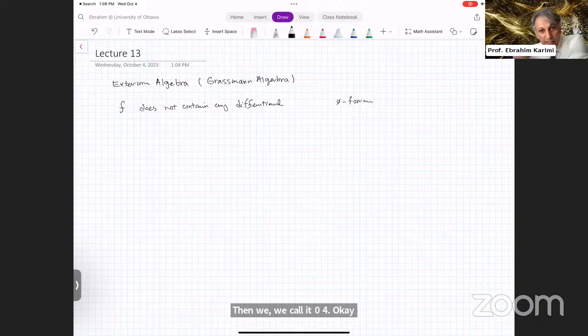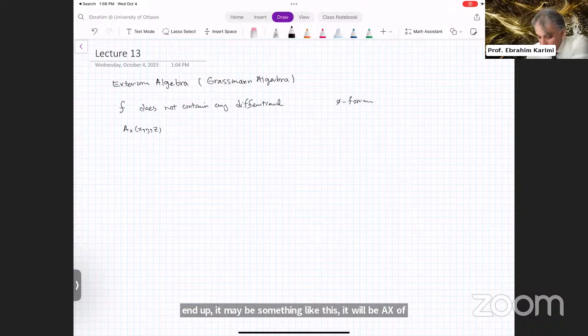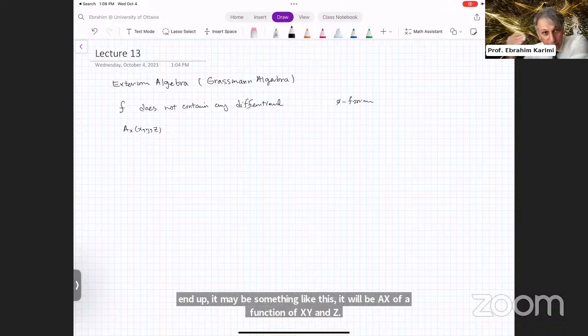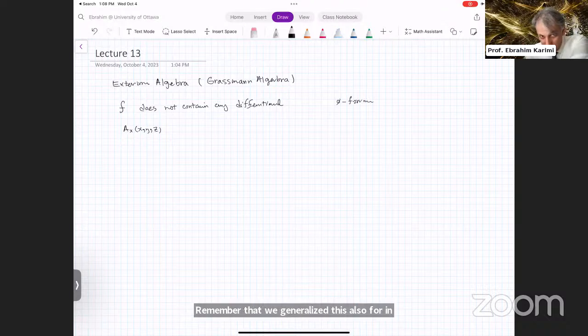However, you may take the differential, and what you end up with may be something like this: a_x, a function of x, y, and z, dx, plus a_y(x, y, z) dy, plus a_z(x, y, z) dz. Remember that we generalize this also for n-dimensional space, and that was the beauty of using the exterior algebra.